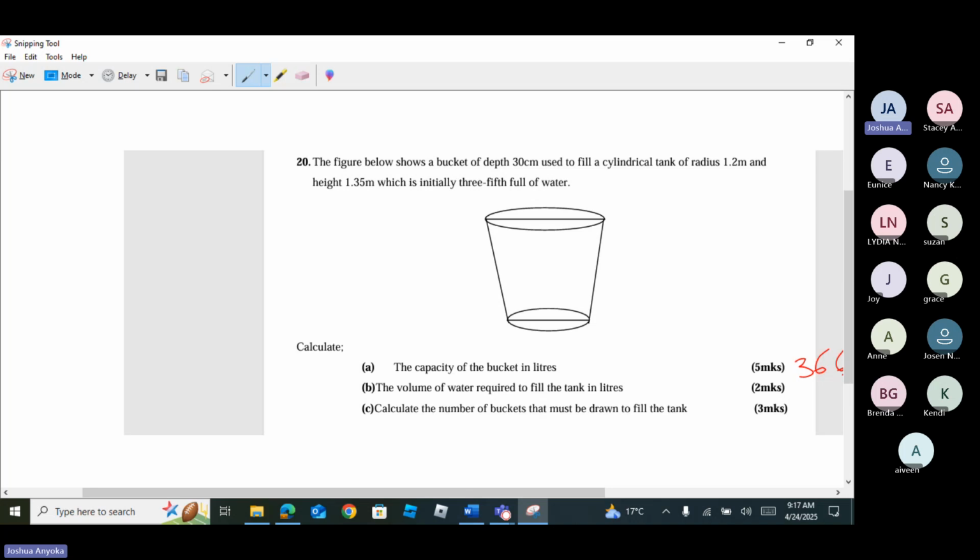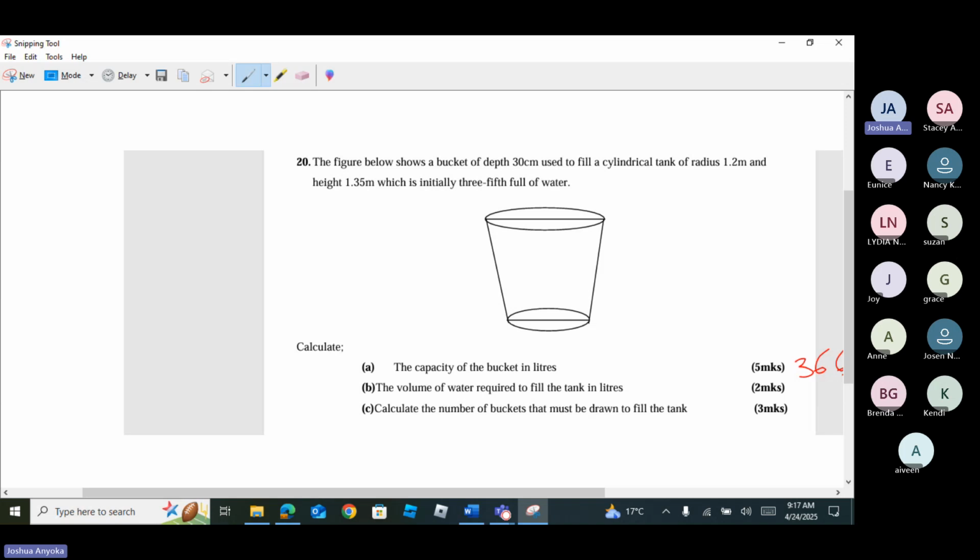Hapo ndio tuko. The bucket has a depth of 30 centimeters to fill a cylindrical tank of 1.2 and a height 1.35, which is initially 3/5 full of water. The capacity of the bucket in liters. Something is not adding up.